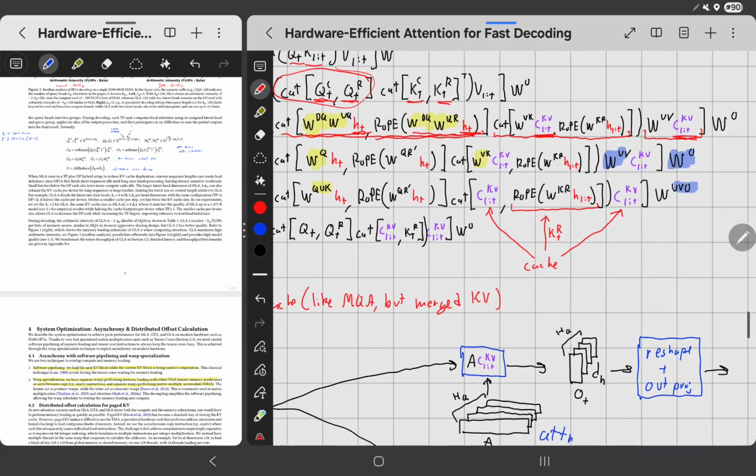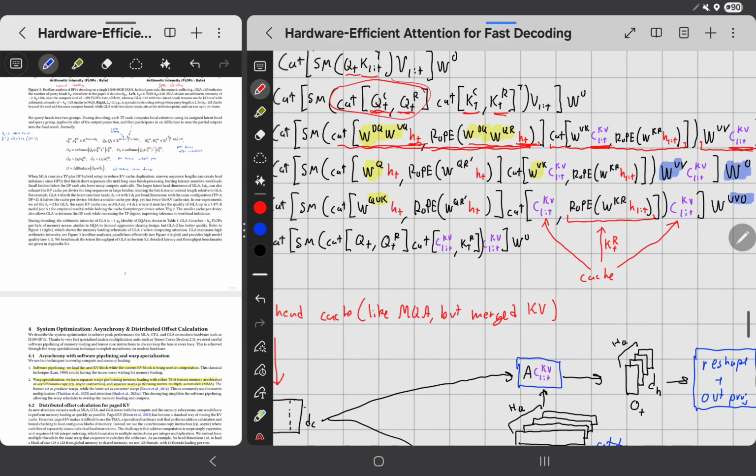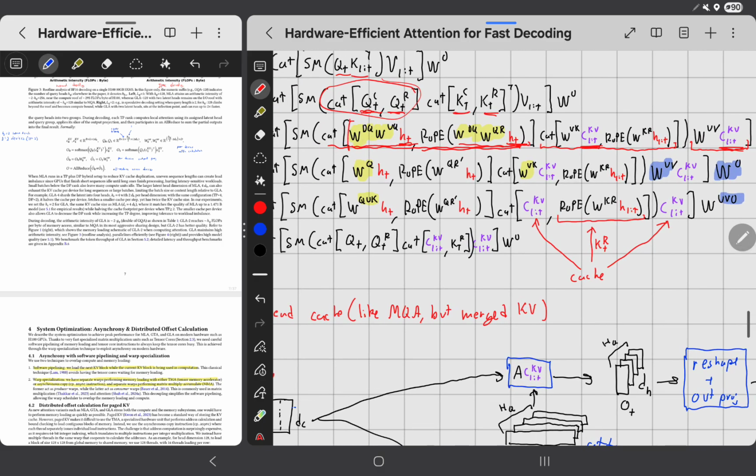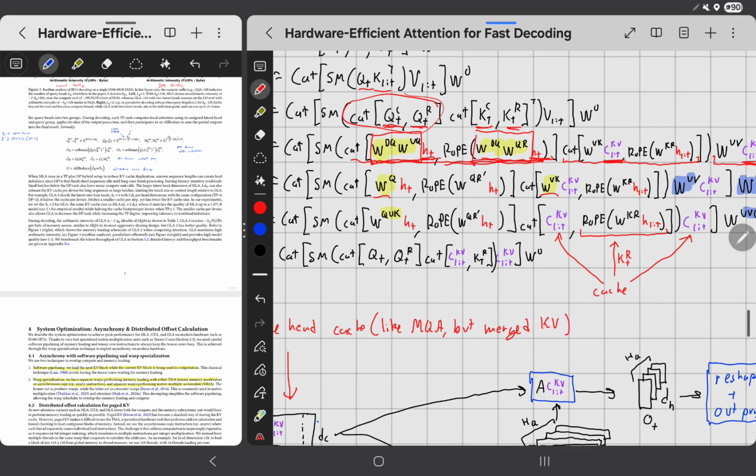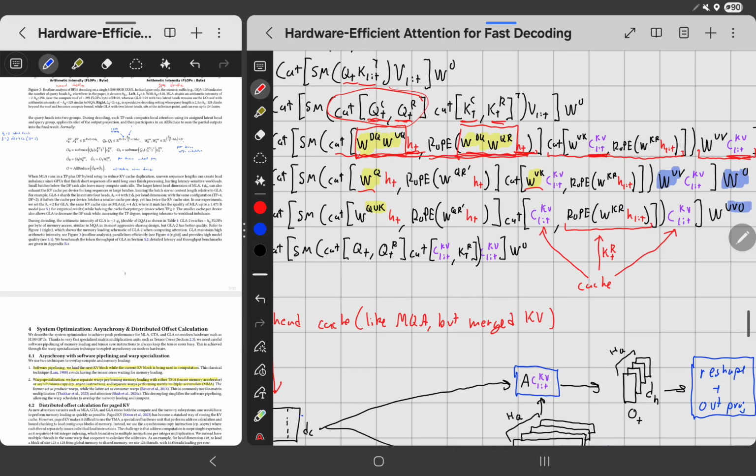So then this here is me highlighting that you can merge these matrices together, this WDQ and WUQ, and these matrices here, to get a WQ and a WVK matrix. Then finally, you have this step here, which combines these two matrices. Because this is an inner product, you can just combine these matrices.